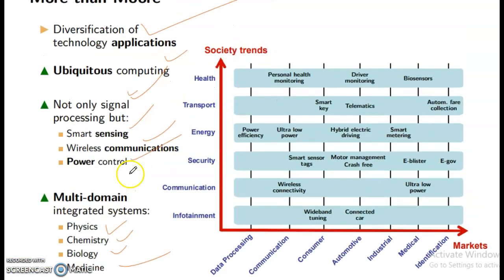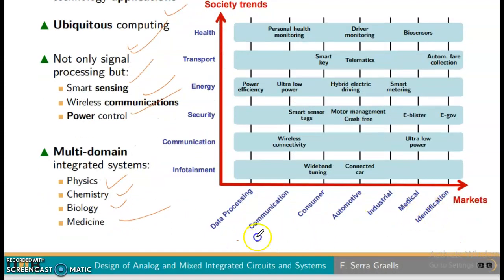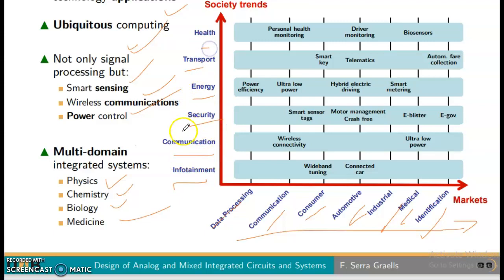Here, on the x-axis, markets: data processing, communication, consumer, automotive, industrial, medical, identification. On the y-axis, social trends: infotainment, communication, security, energy, transport, health.